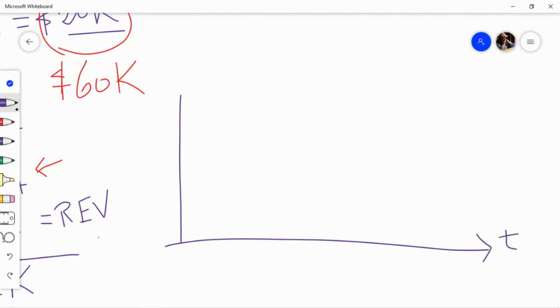This is time. This is inventory level, so it will be in dollars.